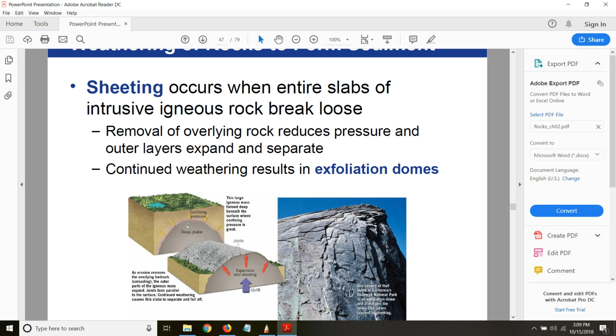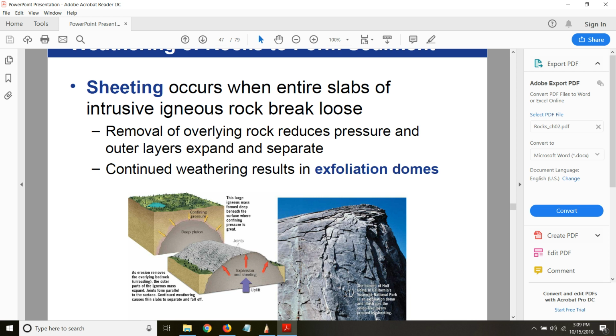As this continues to erode, the pressure will decrease over time on this intrusive or deep plutonic rock. And as the pressure decreases, it will try to expand, and during this expansion it will start to develop cracks or fractures, and then a layer of rock will start to fall off from this exposed plutonic rock.